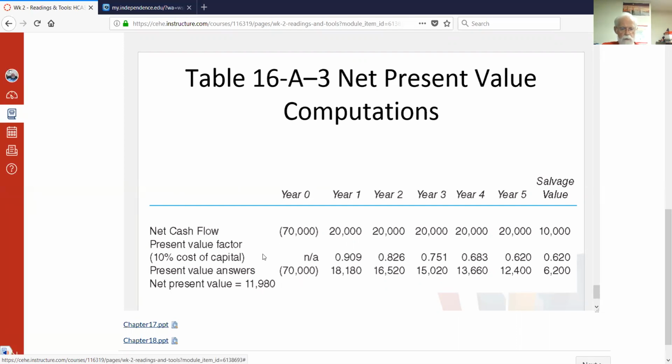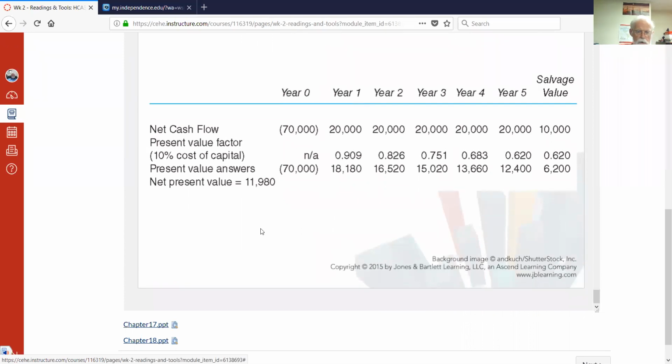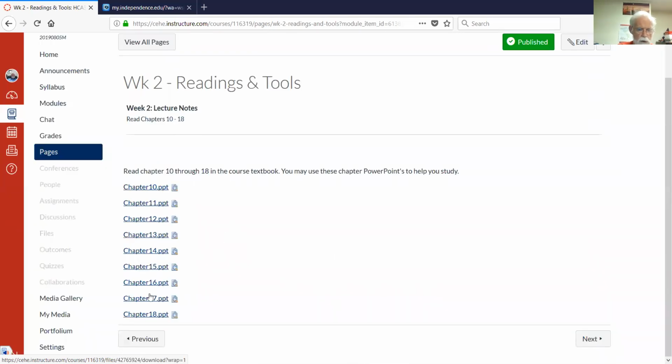So we're saying that this $70,000 expense has returned a net present value of positive almost $12,000 over the lifetime of this expense. So there are these various different ways of analyzing it, but management is always going to want to see some analysis of the value. Okay, so let's move on quickly to 17.